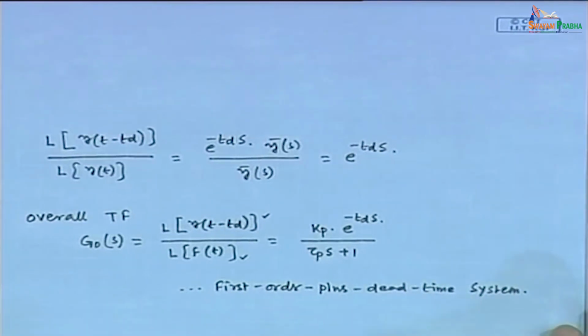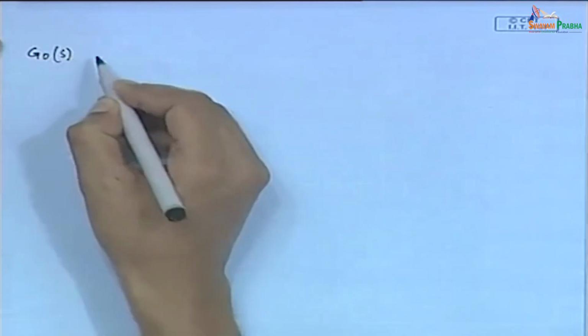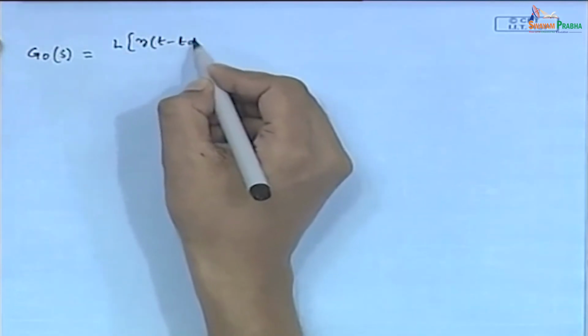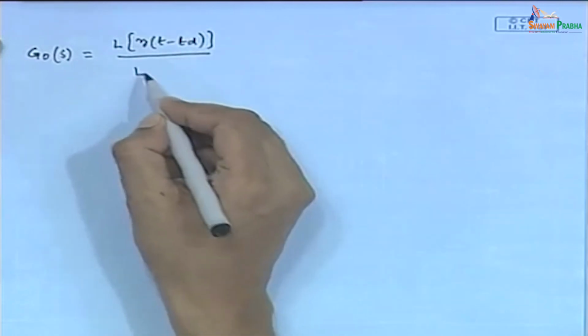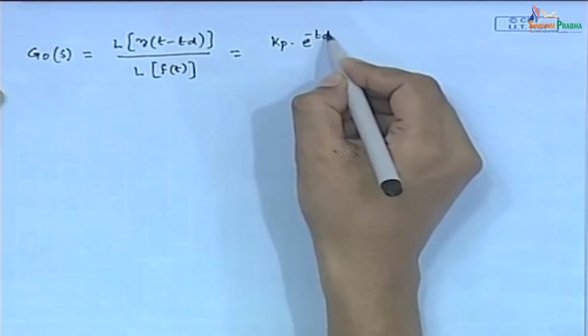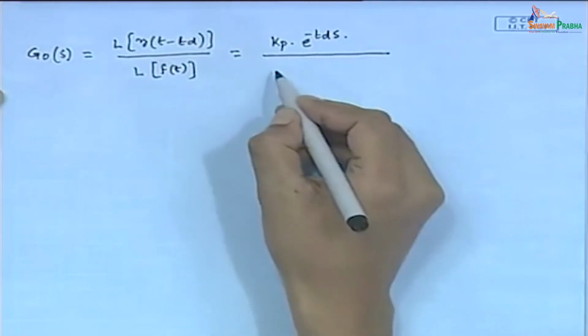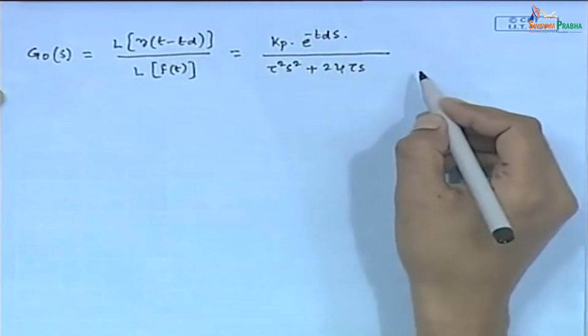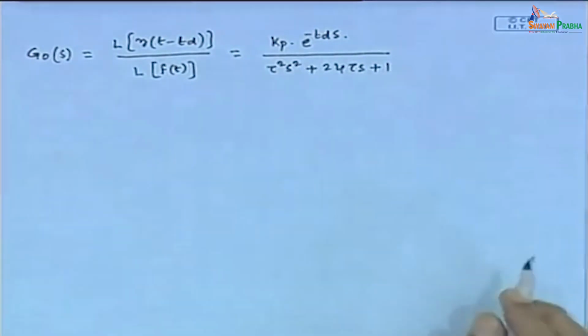Fine. Similarly, if we consider second order process, then the overall transfer function we can write as G naught s equals Laplace transform of y(t minus Td) divided by Laplace transform of f(t) equals Kp exponential of minus Tds divided by tau square s square plus 2 zeta tau s plus 1.